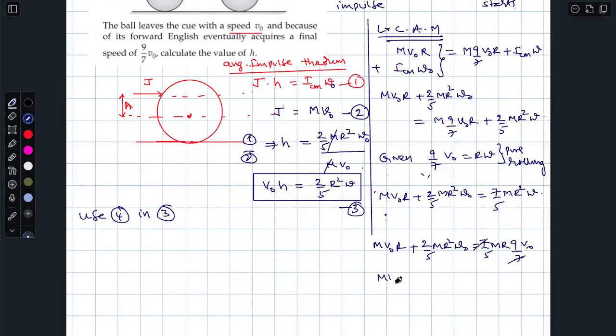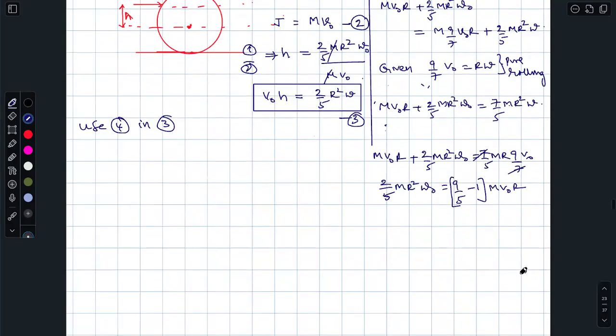So therefore, m v naught r, or 2 by 5 m r square omega naught is 9 by 5 minus 1 times m v naught r. m cancels, r cancels.